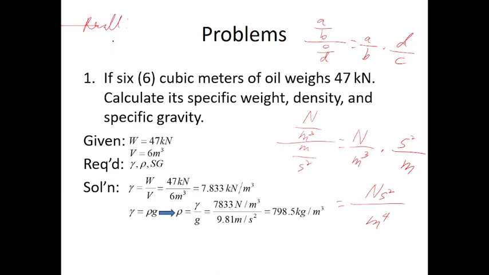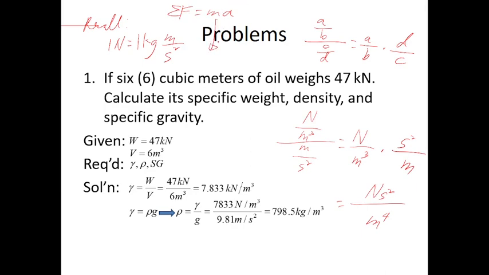Recall that 1 newton is 1 kilogram meter per second squared. This was discussed in physics, because remember Newton's second law of motion: the net force, summation F, equals the product of the mass and the acceleration.